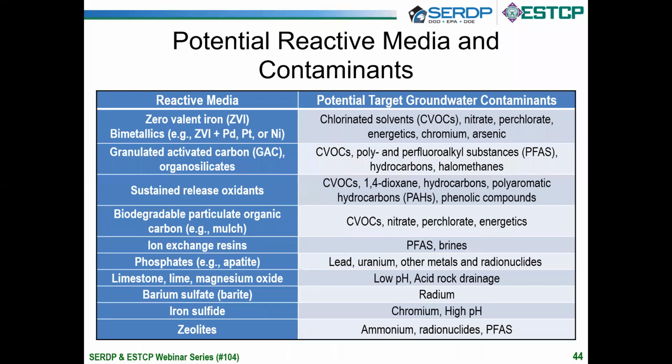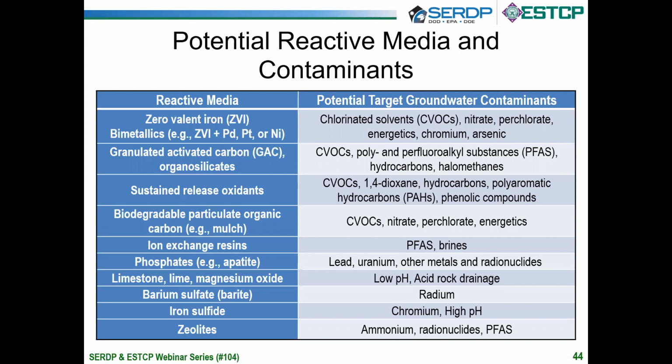And then just a quick comment on the potential reactive media and target contaminants. There's a whole list of currently available reactive media that could be used to treat a broad suite of potential contaminants. In this case study, we used zero-valent iron to address chlorinated solvents. We're currently working on a system at another Air Force base where we're planning to use ion exchange resins to absorb PFAS.